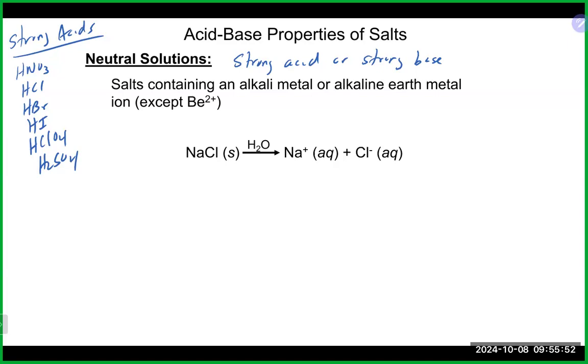So anything that comes out from these, like this particular salt here, sodium chloride, this guy is group 1, and most likely came from sodium hydroxide, which is a strong base, which means this is going to be relatively weak. Cl minus most likely came from which acid?